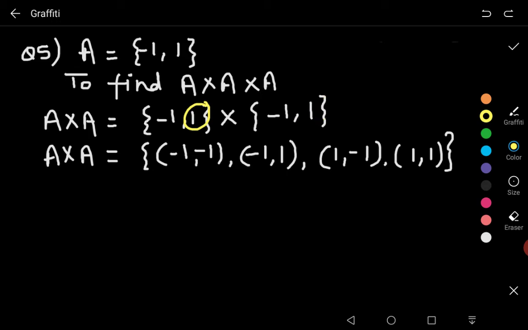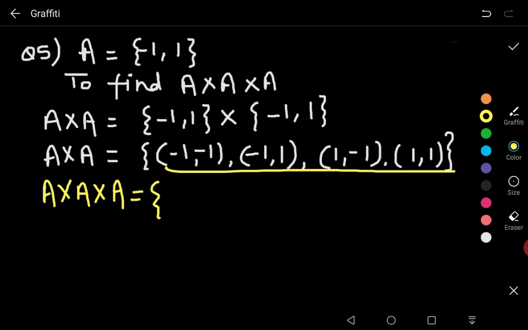Now let us find A cross A cross A. If I would like to find it, then I have to take these elements and multiply. I have to find out the Cartesian product of these elements with -1 comma 1.